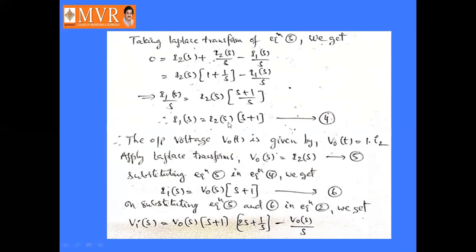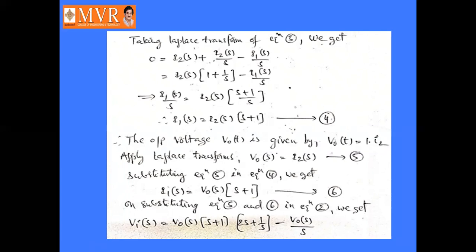From equation number 4, replace I2 of S by V naught of S, or simply substituting equation number 5 in equation number 4, so that we will get I1 of S equal to V naught of S into S plus 1.